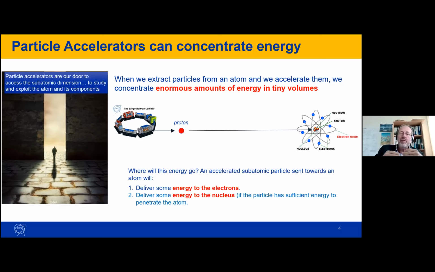And then if the proton has enough energy to go through the barrier that is formed by the electrons, we can smash into the nucleus if we are good enough to hit the nucleus, and then we give energy to the nucleus. So a particle beam will give energy to the atoms of a material where it is sent to.